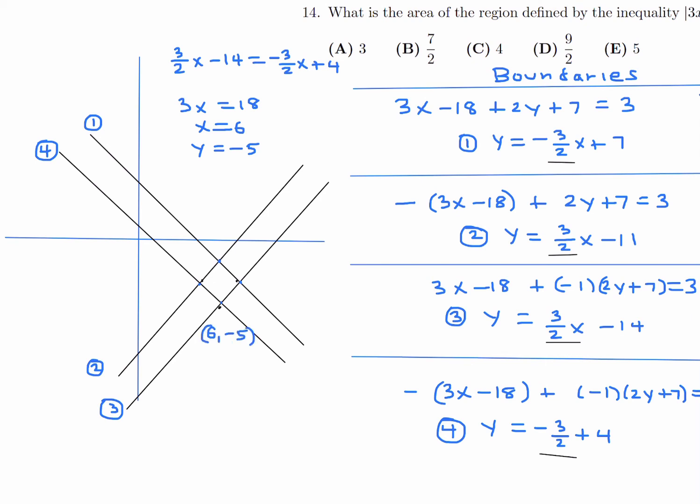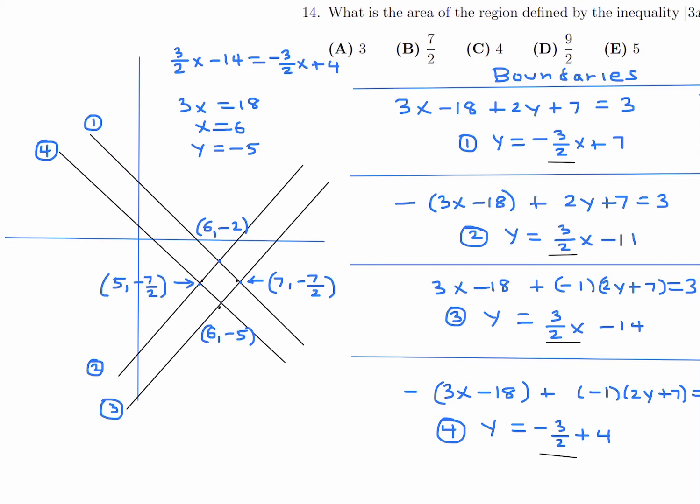In a very similar way, I can figure out this point right here, and it's 7, minus 7 over 2. This point right here is 6, negative 2. And this intersection point, that vertex of that shape, is 5, minus 7 over 2.